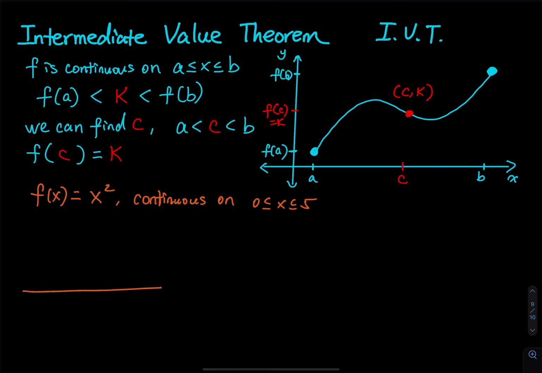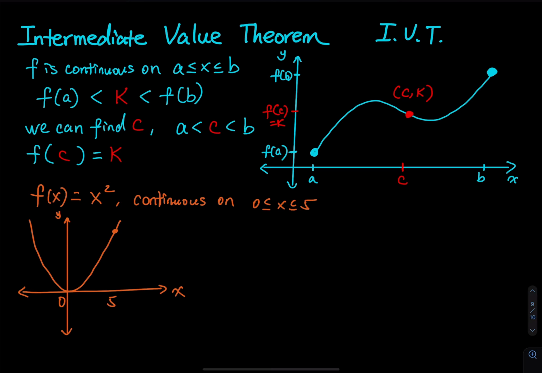We have an x-axis and y-axis, and then we have a parabola. Let's make the vertex at 0, 0. We have a parabola that looks like this from 0 to 5. And when x is equal to 5, y is equal to 5 squared, which is 25.